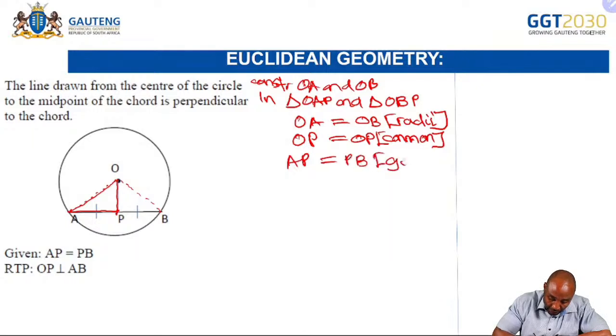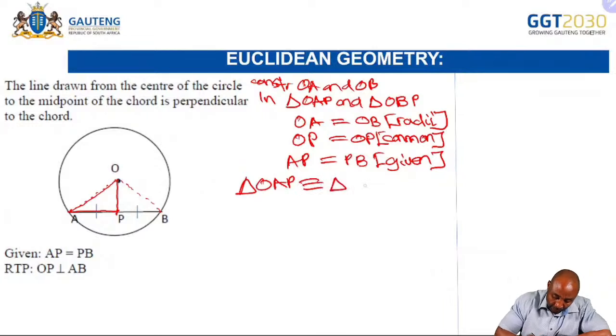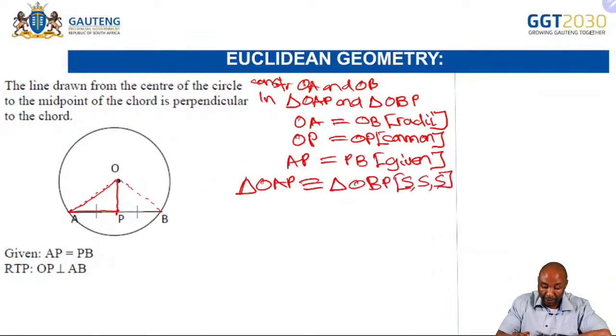This is given. Again, I can conclude that triangle OAP is congruent to triangle OBP. My reason is side, side, side, because I have stated on my statement that the sides in the different triangles are equal.